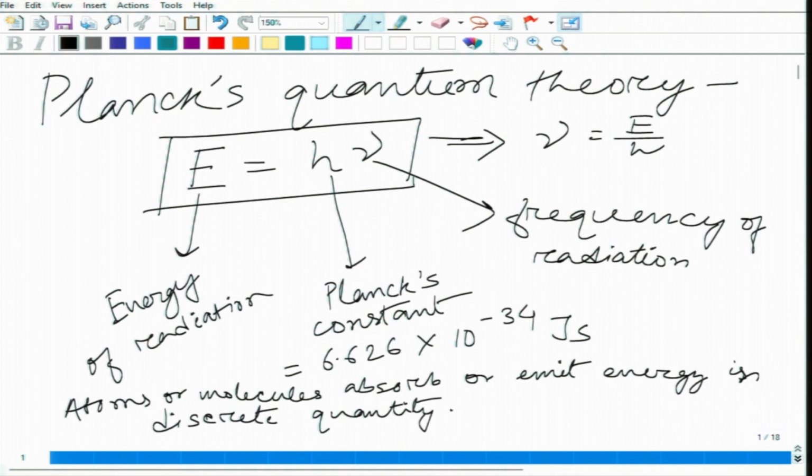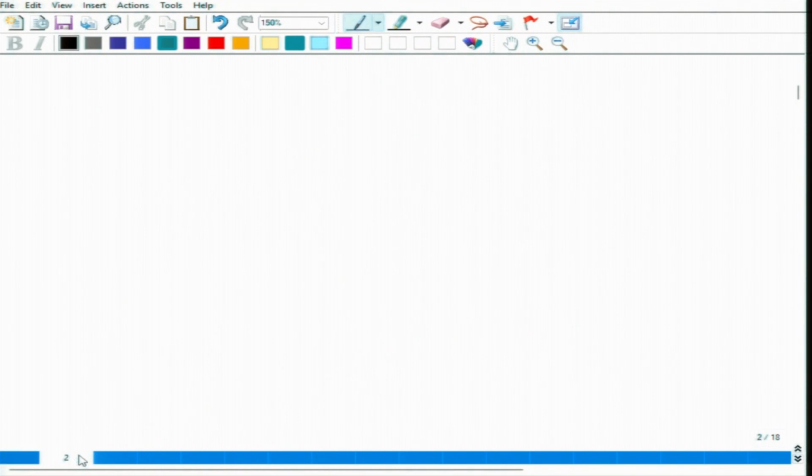Then we have started the photoelectric effect. What was the photoelectric effect?